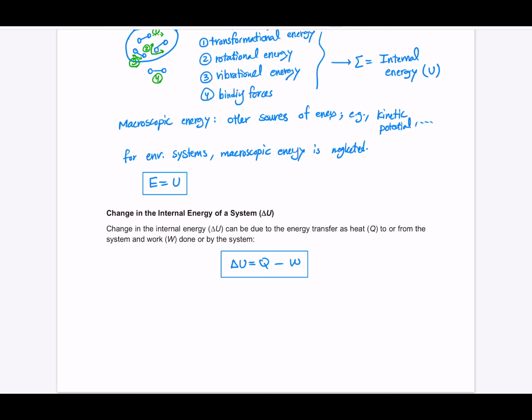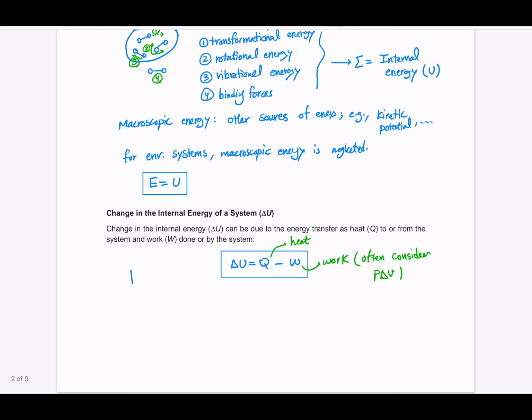The Q term is basically the heat term, the heat exchange between the system and the surroundings. And the work is often considered the P delta V kind of work, so work that results in a change of the volume of the system.